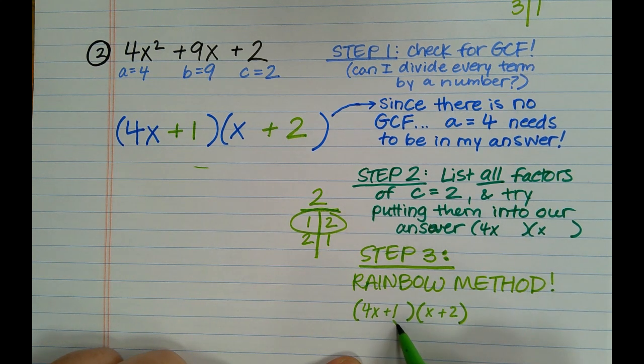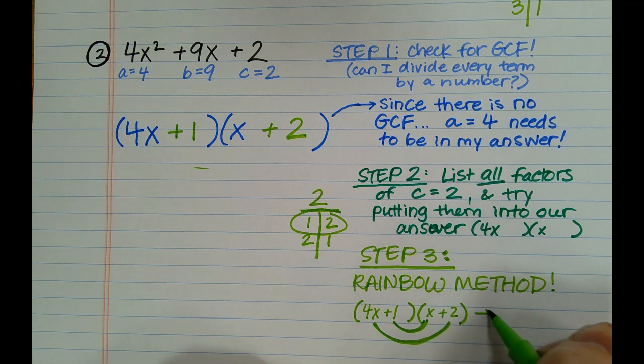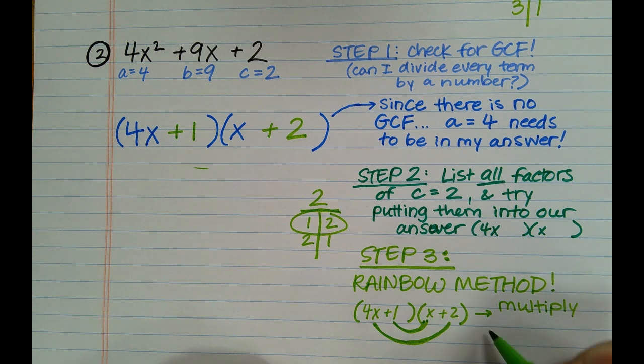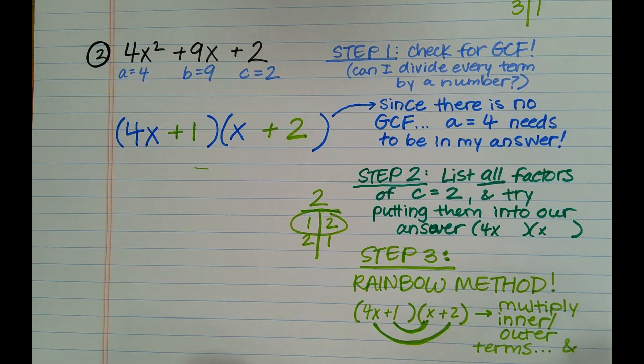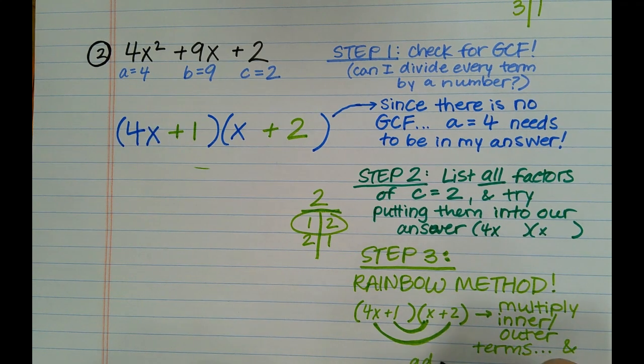What I'm doing is multiplying the inner terms and the outer terms. We're just doing the OI part of FOIL. Multiply inner and outer terms, and add them together.